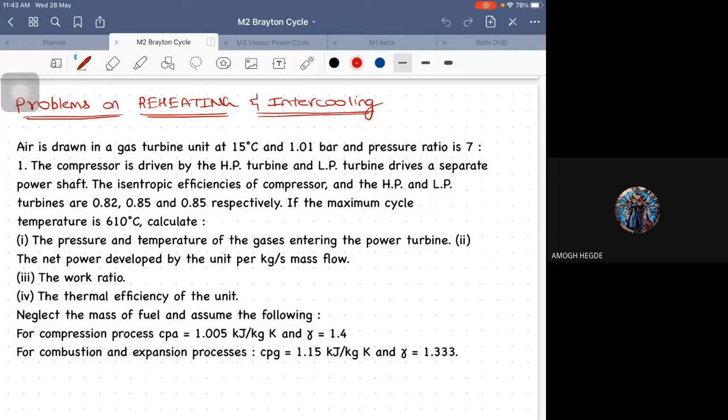Shall we start? Still, you are copying the questions.